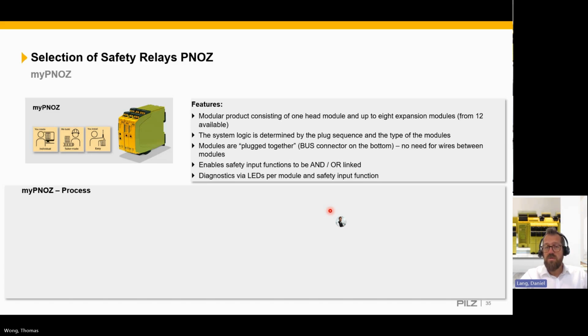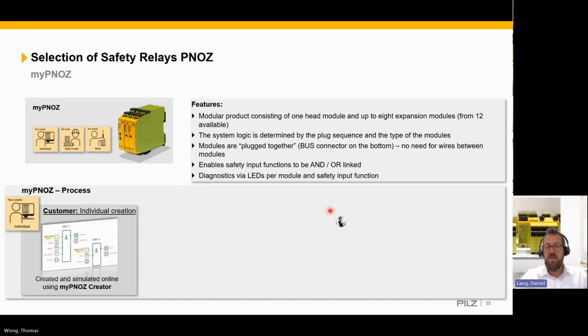The process to get to the MyPnot is that we also have a web-based creator where you can just put your solution in there with the several safety functions and how they interfere with each other. Let's say these are ANDed or ORed and linked together with delays, and then you can simulate it on the computer.